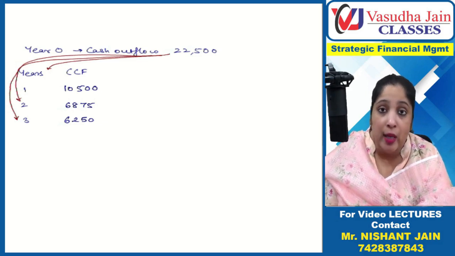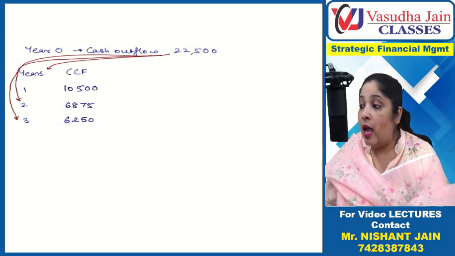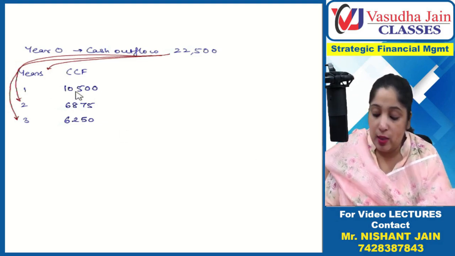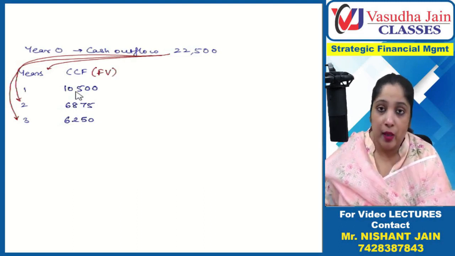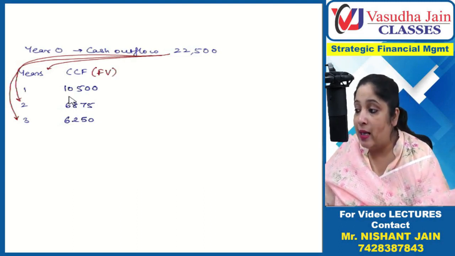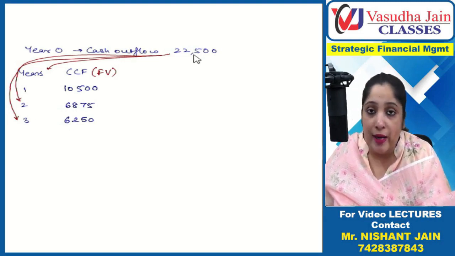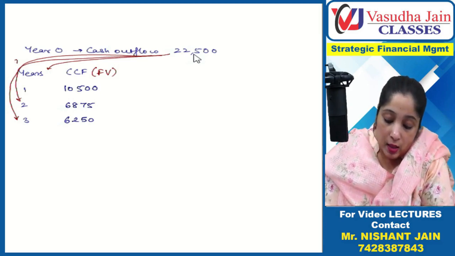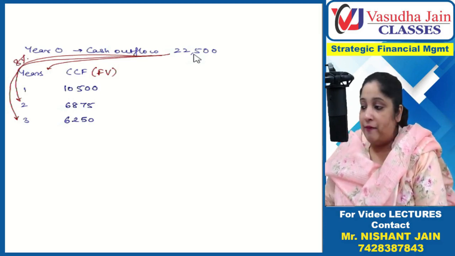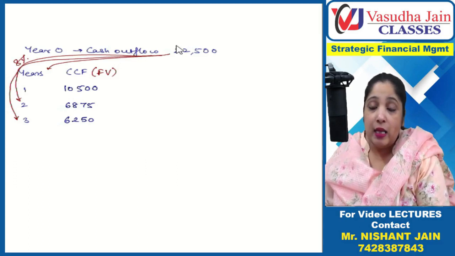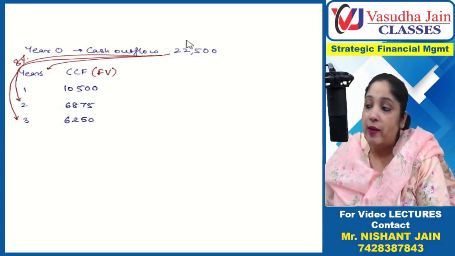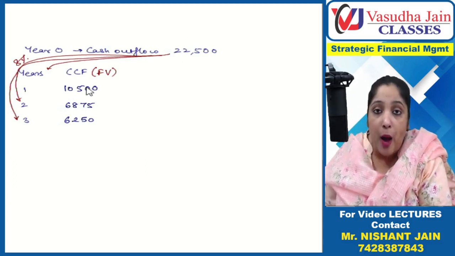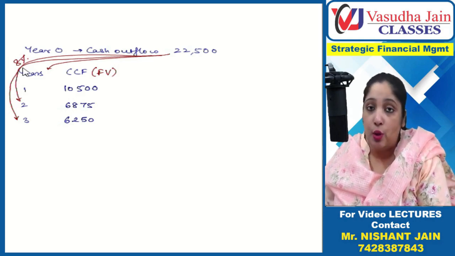If they are compounding at the rate of 8%, and if we discount these cash flows, because you are getting these cash flows in the future, then if we discount at the rate of 8%, it should come equal to 22,500. Let me repeat it once again. Let us verify whether these cash flows are compounding at the rate of 8% or not.